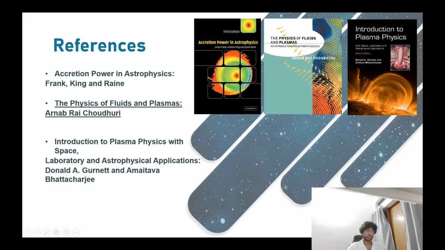So, if you are going through this book, it is a good chapter on magnetohydrodynamic waves. So go through that and let me know if you have any other questions. So that is probably, let me see, chapter 6. Chapter 6 is the one where they have talked about all the magnetohydrodynamic waves and the instabilities and all those things.